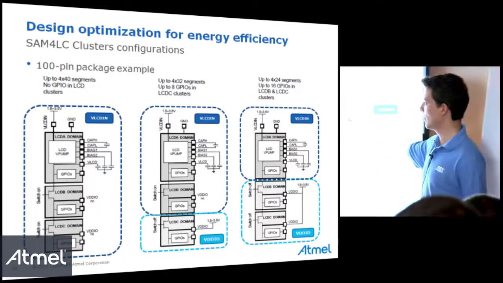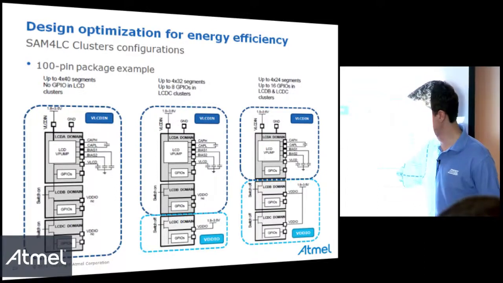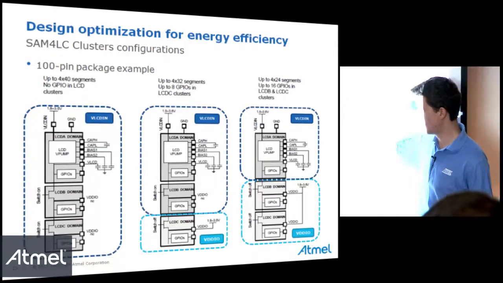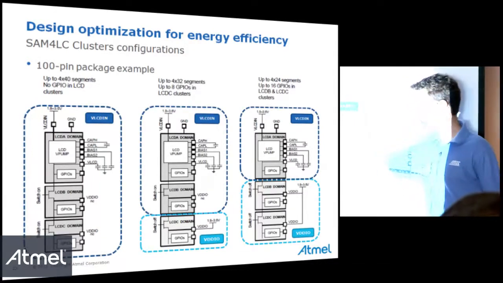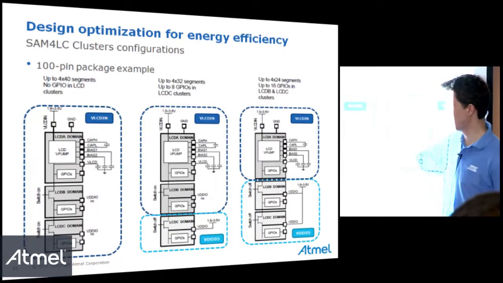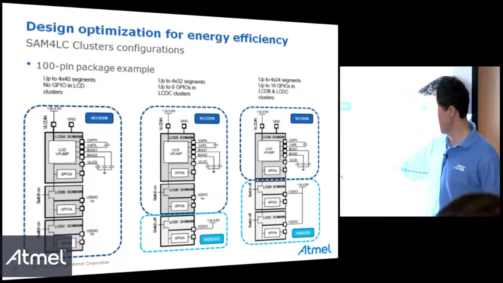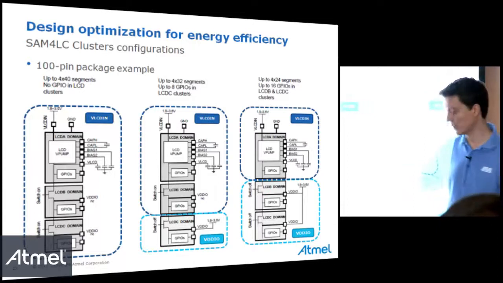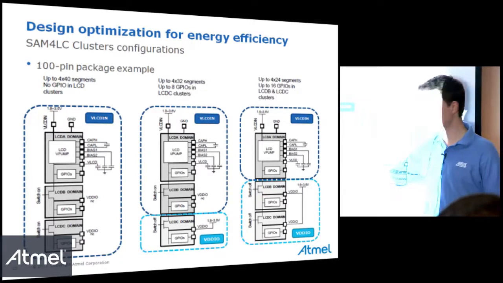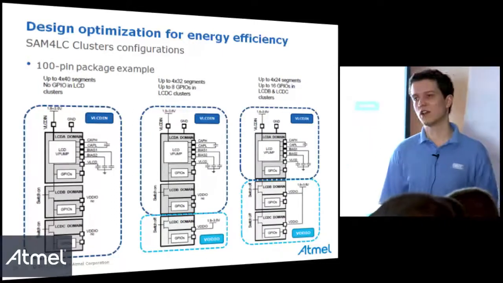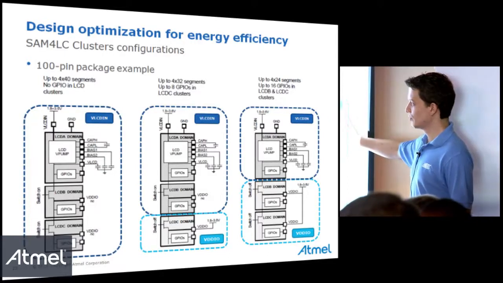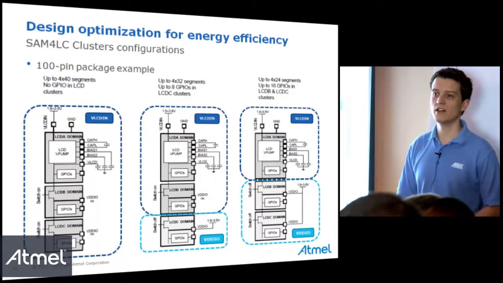The second method is when you don't want to use one of the clusters. In this case, you power VLCD in for the LCD cluster and switch on by software just the cluster B, for example. So you will use cluster A and cluster B. Then for the remaining cluster, which is cluster C, you connect VDD IO, and all the pins of this cluster can be used as GPIO. Another configuration is when you want to use only the LCD A cluster.